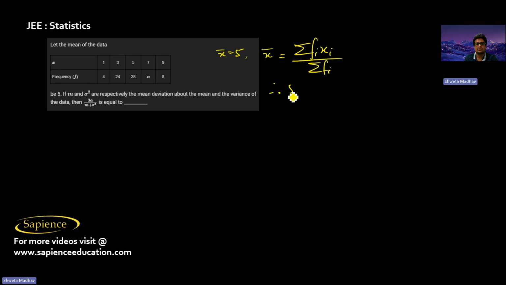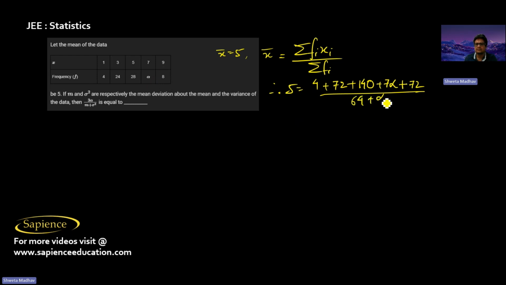Therefore x bar, that is 5, equals 4 into 1, that is 4, plus 24 into 3, that is 72, plus 28 into 5, that is 140, plus 7 alpha, plus 8 into 9, that is 72. This is divided by 4 plus 24, that is 28, plus 28, that is 56, plus 8, that is 64.